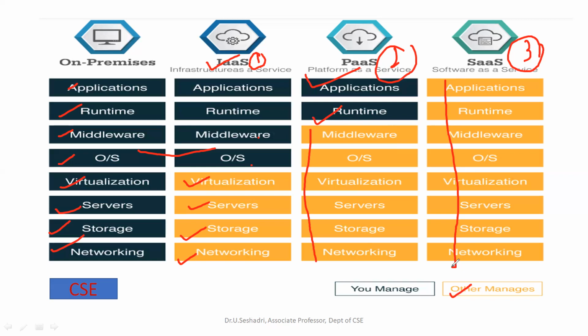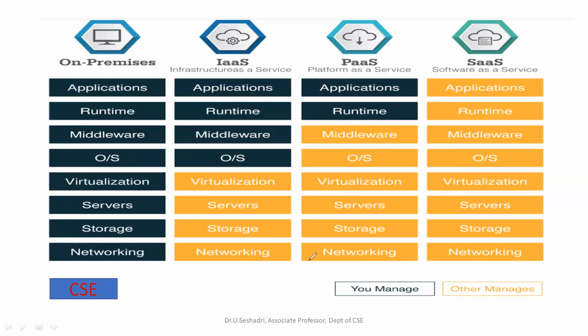You need not worry about the networking, storage, servers, virtualization, operating system, middleware, runtime, and the applications. Everything is taken care of by the service provider. We only have to use the applications. That's software as a service. So those are the cloud delivery models.